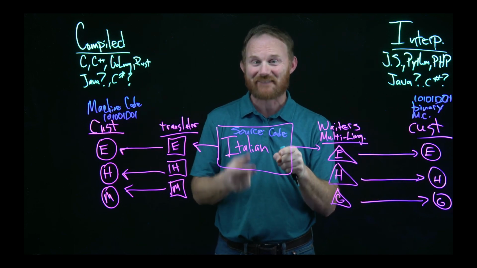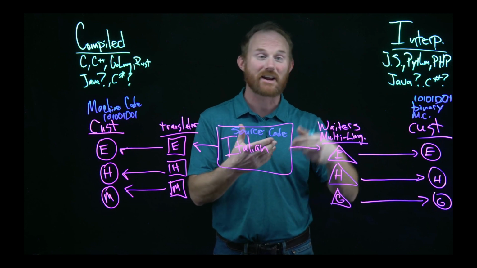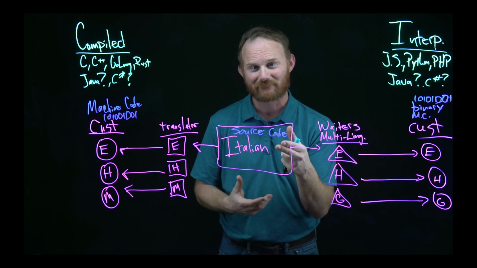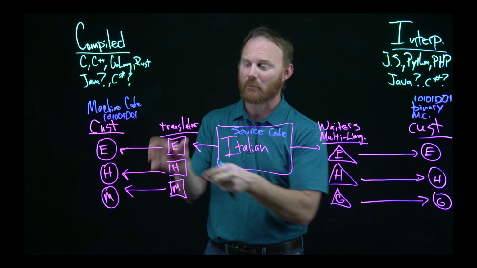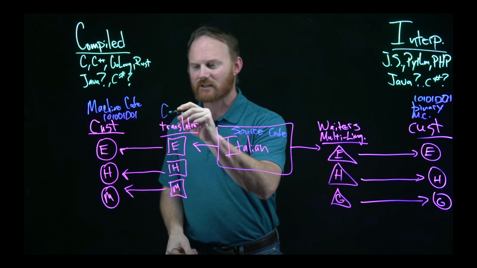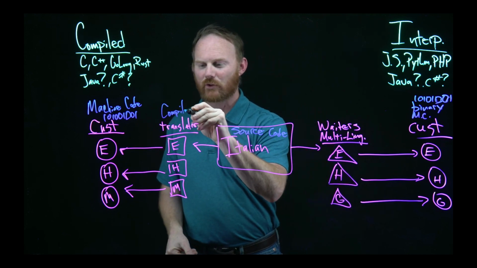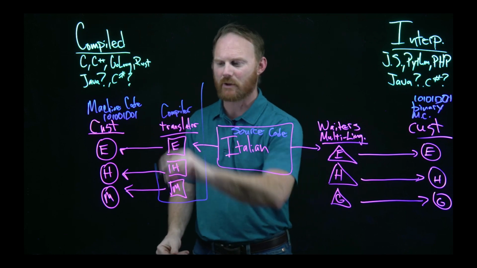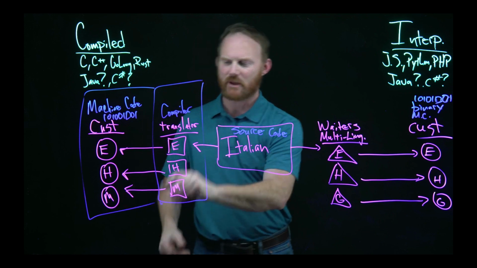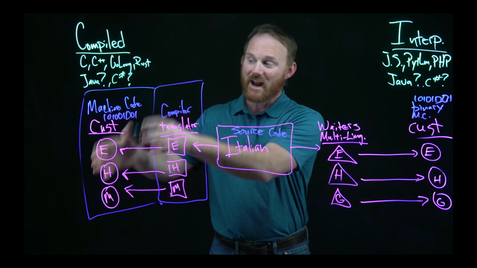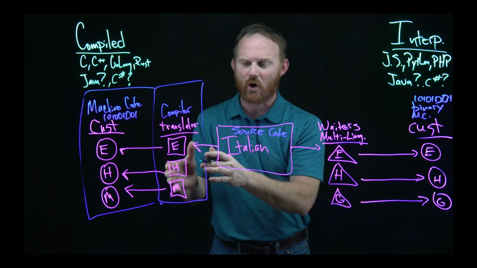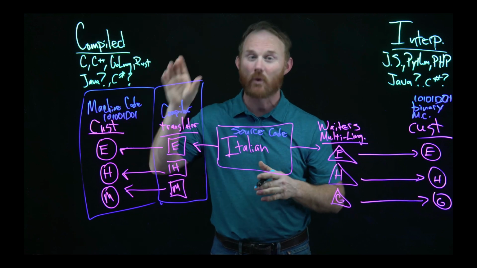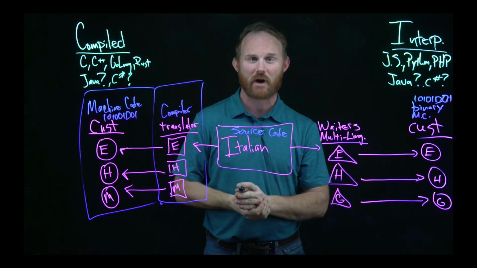The issue is not if we compile it, or rather if we convert it, but when. In this case, for our compiler, our translator is a completely separate step. So we have a step here, and we have a separate step here. Before it ever gets to the machine, it has gone through and been converted, so it gets there in its finished product.